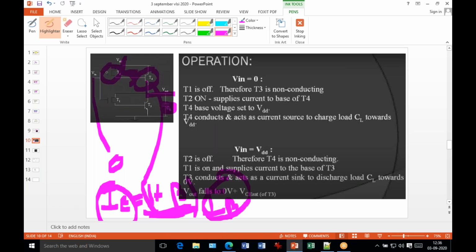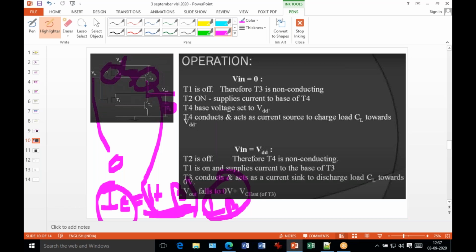But in normal CMOS, it is not possible. It requires some time to charge the capacitor. But here, the charging time of the capacitor is very, very small, because the output node emitter current IE is very high. The beta of the transistor is very high; the gain or beta of the transistor is more than 100. That is the device property.